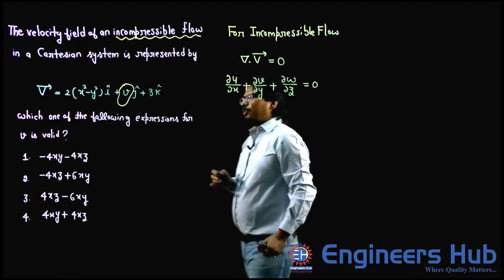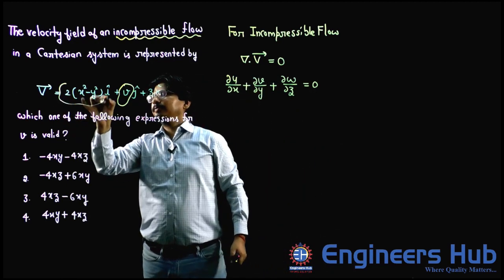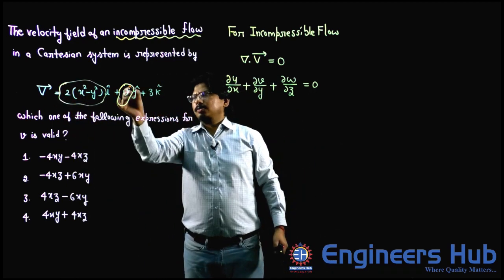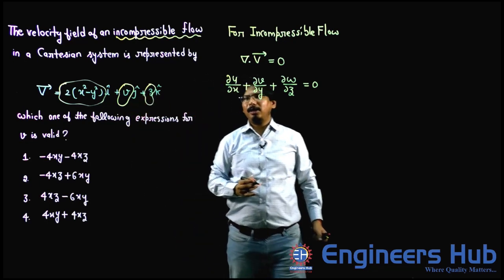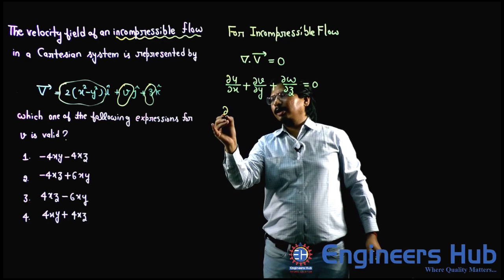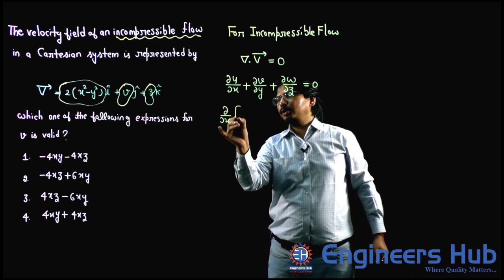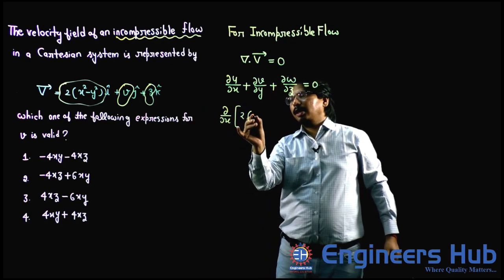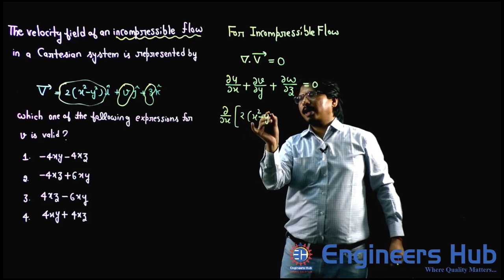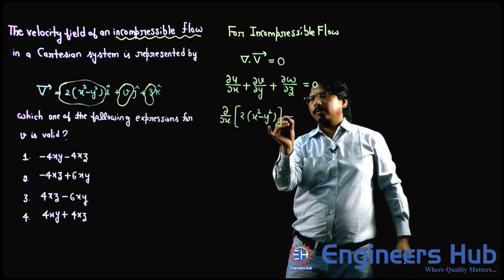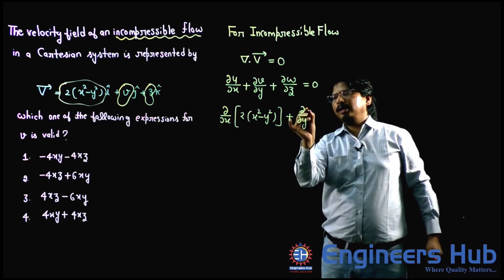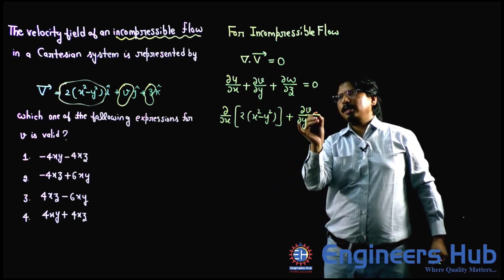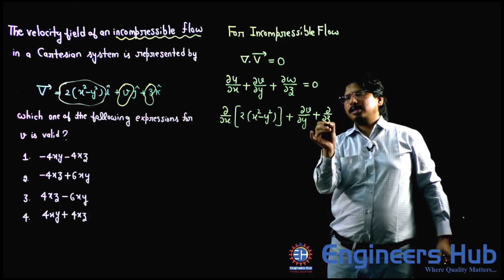So what is u? U is this part, small v is this one and this is w. So let us substitute over here. Very simple question, my friends. Dou by dou x of 2 times (x square minus y square) plus dou by dou y of v, so basically dou v by dou y, plus dou by dou z of small w.